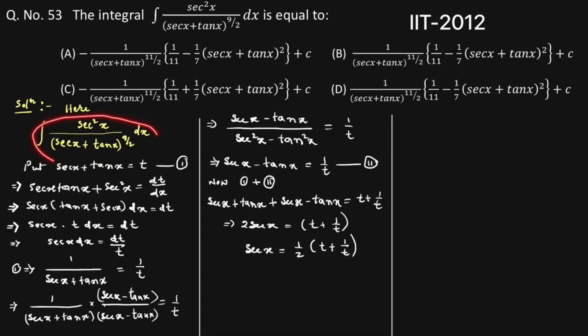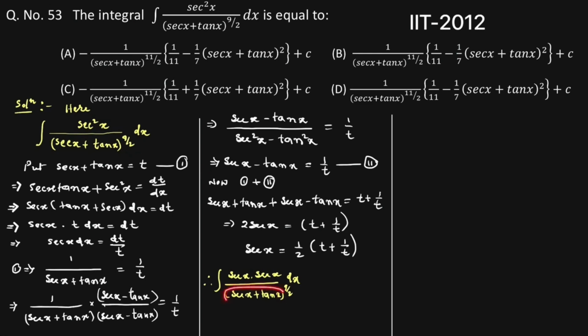Therefore this integration we are able to write as integration of, in the place of sec square x we will write sec x into sec x, divided by (sec x plus tan x) to the power 9 by 2, whole dx.